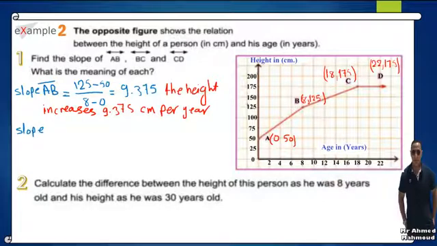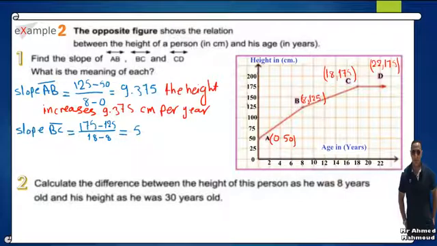Okay, the next slope we have here is the slope of BC, which is equal to 175 minus 125 up and 18 minus 8 down. It's 175 minus 125 over 18 minus 8, which is equal to 50 over 10, which is 5.